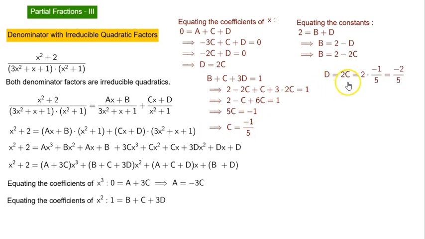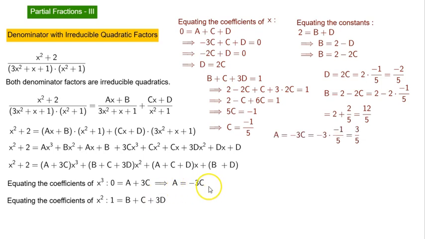D is equal to 2c, so 2 times minus 1 by 5, which is minus 2 by 5. B is equal to 2 minus 2c, which is 2 minus 2 times minus 1 by 5, which is equal to 12 by 5. A is equal to minus 3c, so minus 3 times minus 1 by 5 is equal to 3 by 5.